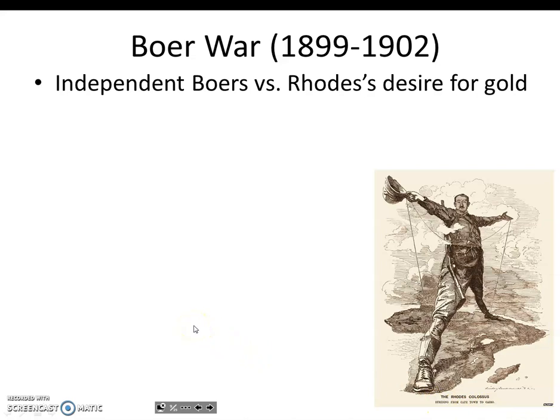His British South African Company had a private army to accomplish the task, and the Boers had already created several independent republics. But British recognition of these nations really didn't last all that long once gold was discovered in 1884. So essentially you have the Boer desire for independence versus Rhodes' desire for gold.